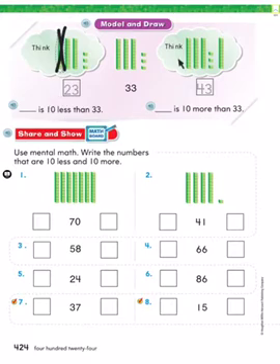If we're looking at a number that is 10 more than 33, then we think 33 plus another 10 stick gets us to 43, right? 10, 20, 30, 40, 41, 42, 43. So 43 is 10 more than 33.